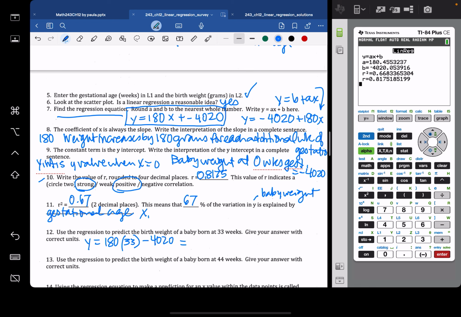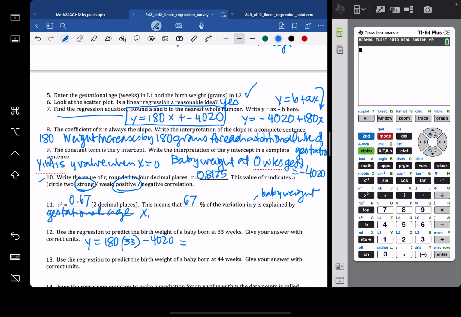And let's work that out. Oh, you know what? I can do that on the graph. I can say second calc value, x equals 33, enter. And it says 1935.